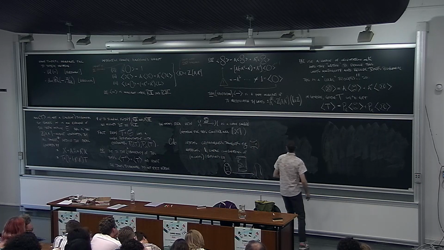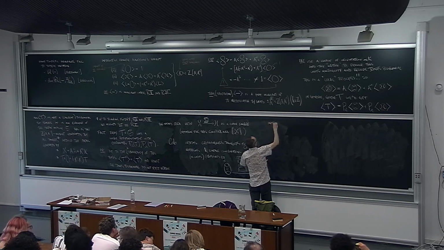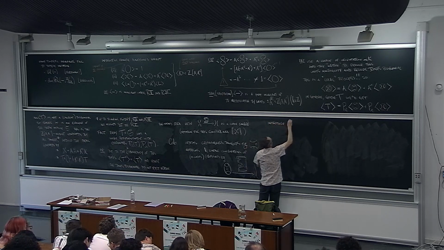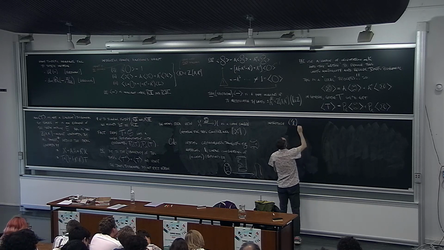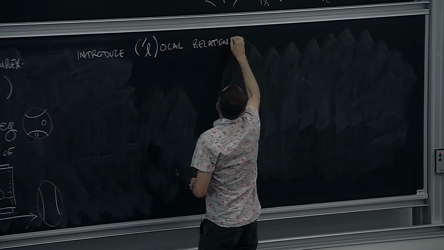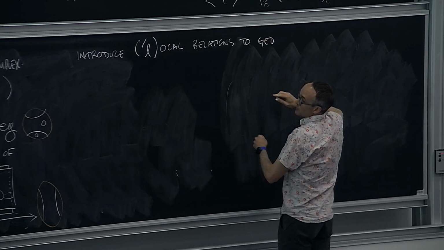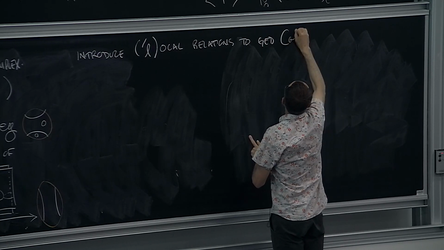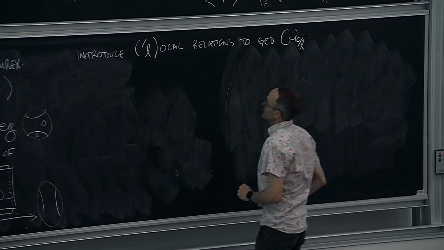Okay, so we need to introduce a sub L for local relations to get a category with fewer morphisms that's called Cobb sub L. So here's the rules that I need.